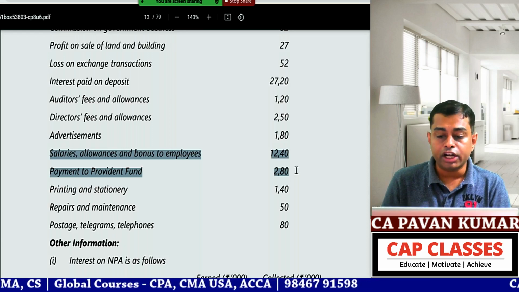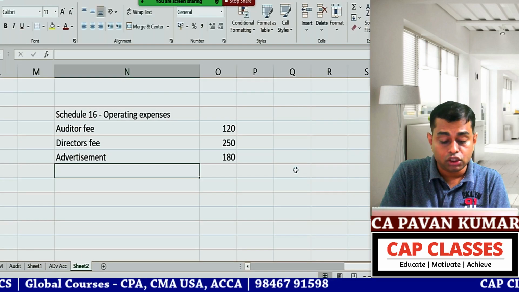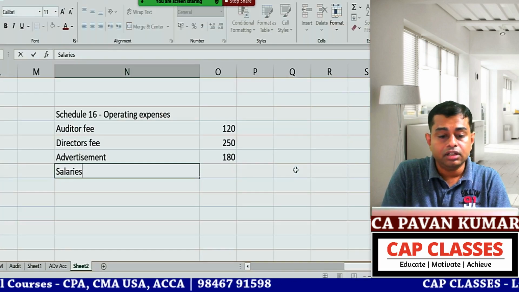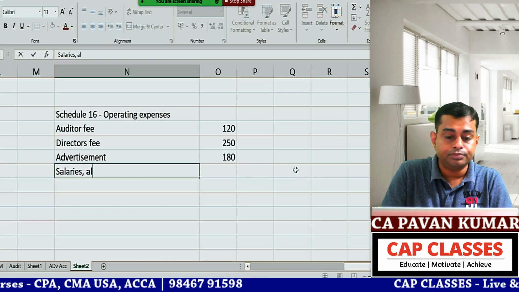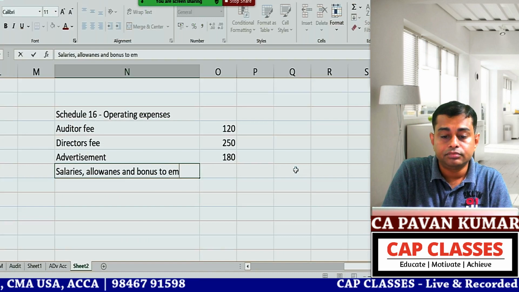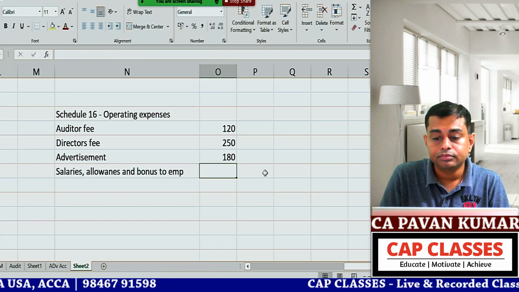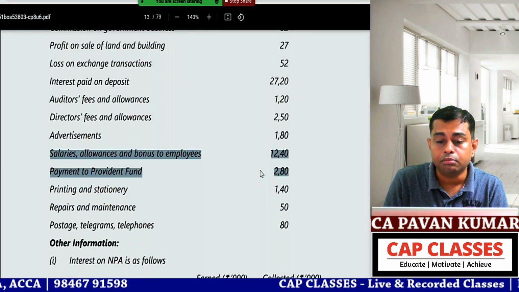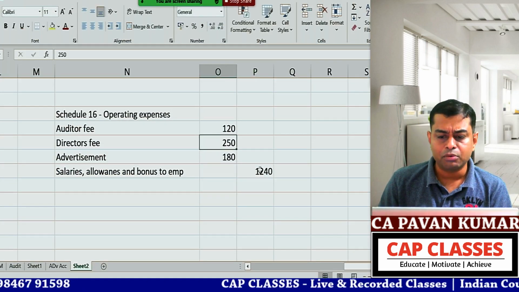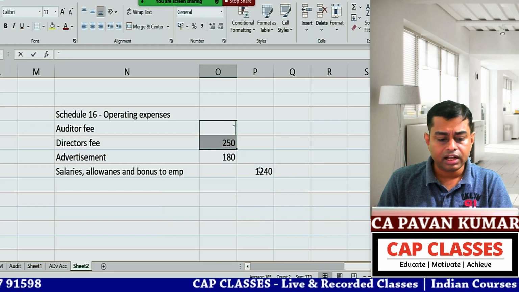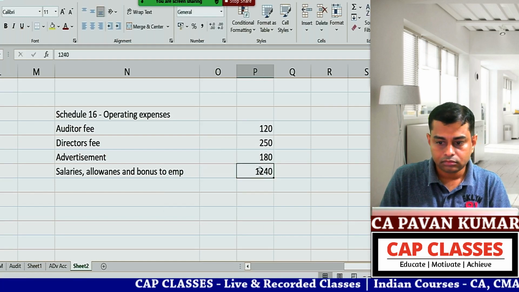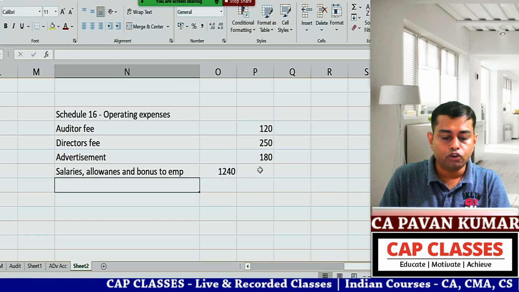Employee benefits we call it, okay? So salaries, allowances and bonus to employees, first item will show this. We'll maintain one inner column. In the inner column we'll write 1240.